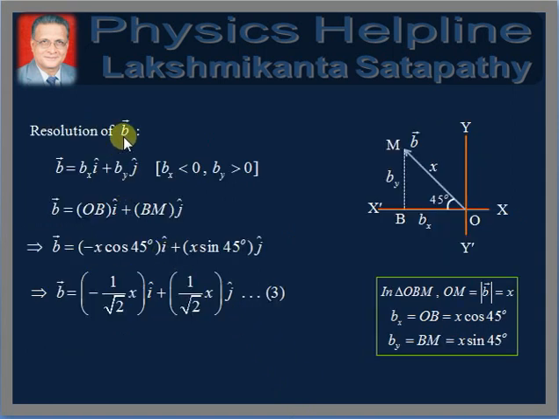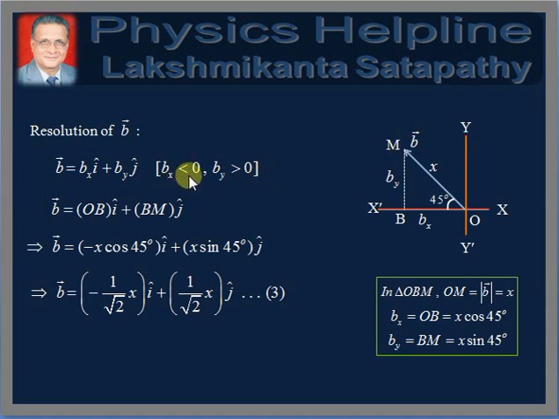Now for the resolution of B, let Bx and By be its rectangular components. Then we can write vector B is equal to Bx i cap plus By j cap. It may be noted that vector B is in the second quadrant, therefore its x component OB will be negative and y component BM is positive.